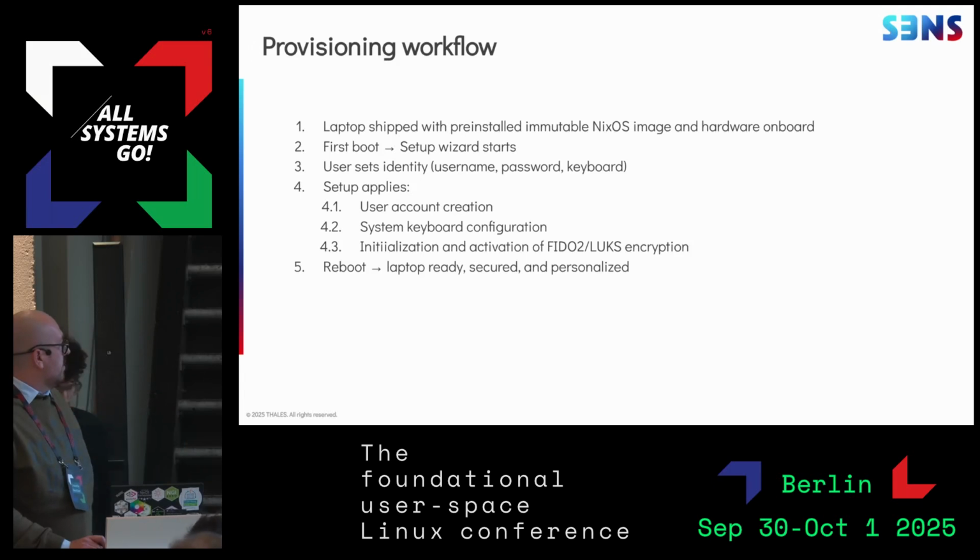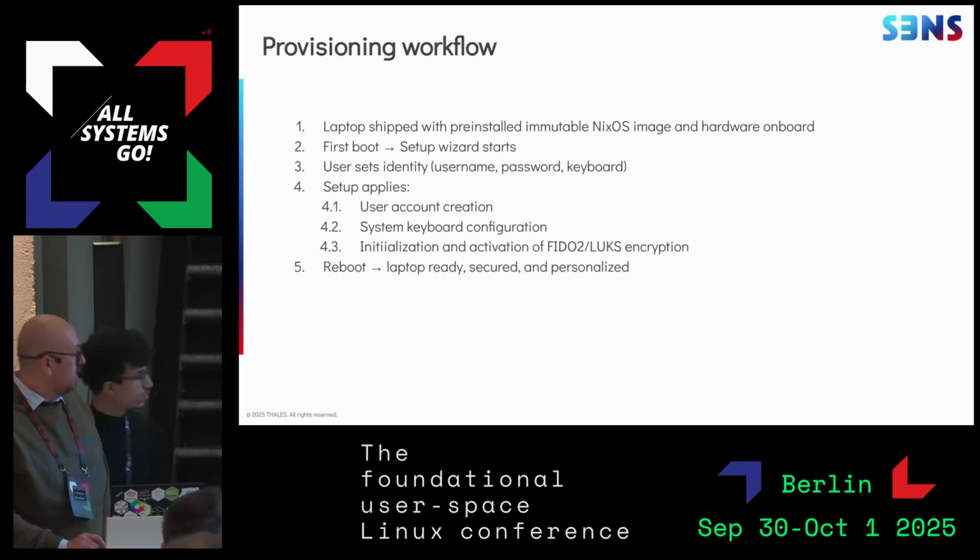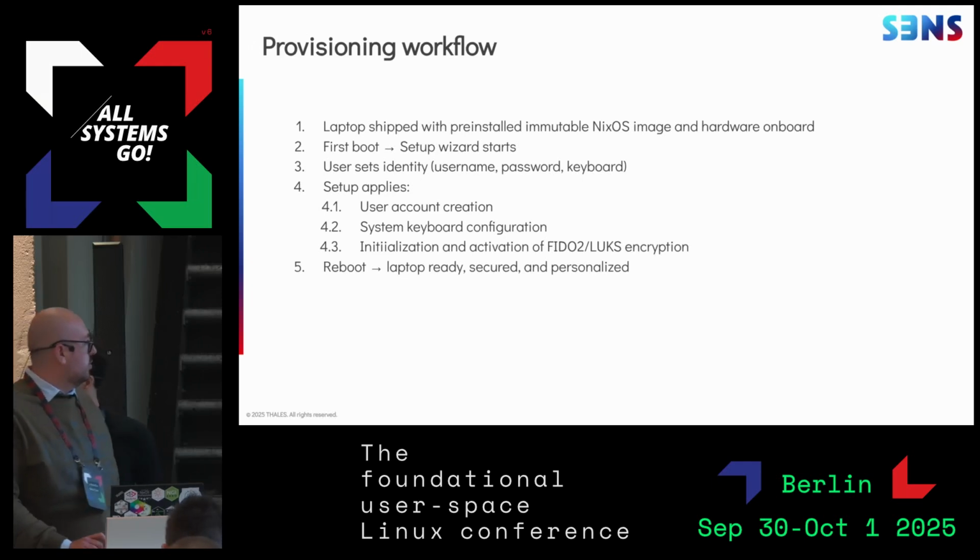So the user has a laptop shipped with an immutable NixOS image and hardware onboarding, set up with the wizard, and sets its identity. And the setup applies user account creation, system keyboard configuration, and LUKS encryption. And then he reboots, and the laptop is ready, secured, and personalized.